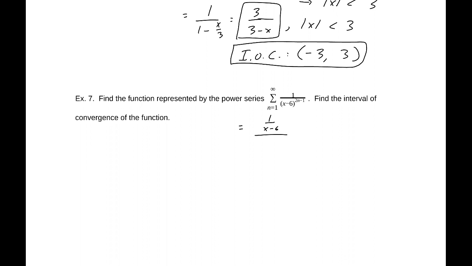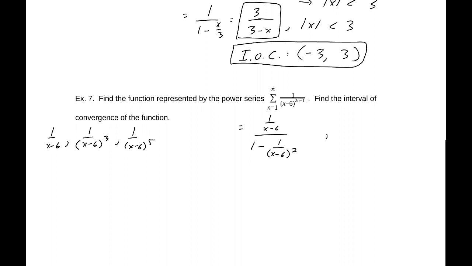That's our first term. Now the common ratio, so here's each of my terms. The second term is 1 over x minus 6 to the 3, then 1 over x minus 6 to the 5. So my ratio is 1 over x minus 6 squared. So there's my function.